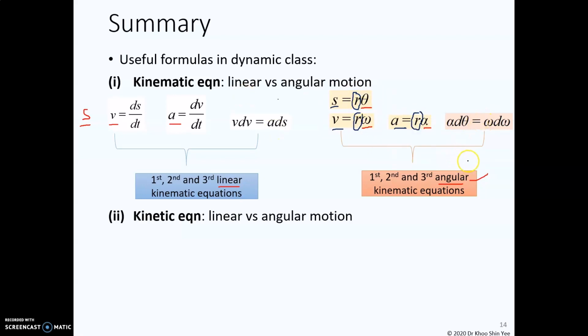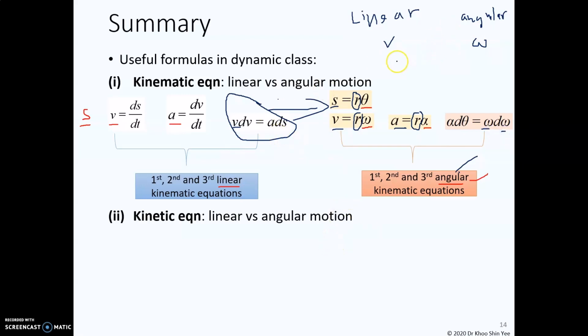Without derivation, we can find the kinematic equation for angular motion by linking it to the linear motion equation. For example, let's say we have v dv equal to a dx. In linear motion, the velocity is changed to omega in angular motion, so we can just replace v with omega here.